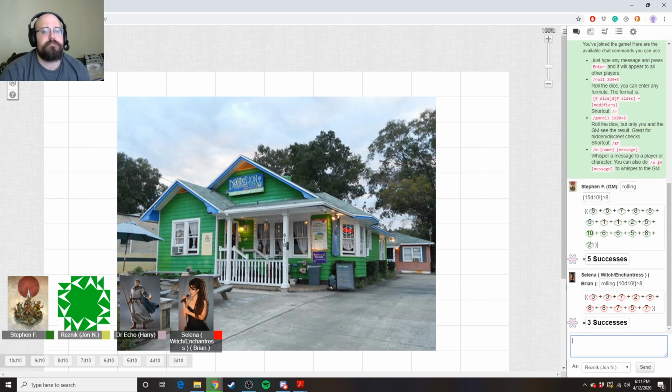So which location are you guys gonna head to first? Actually, I want to look at a spell. Ooh, a spell you say? Either shifting the odds, which has to do with investigation, or serendipity.